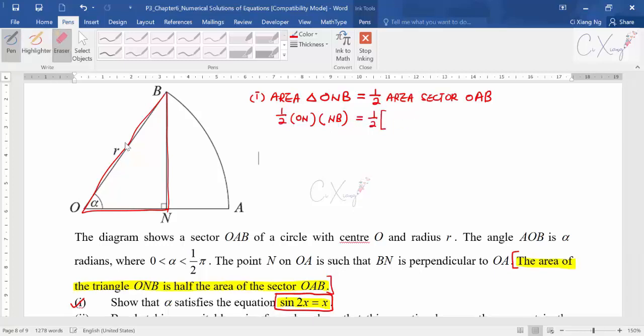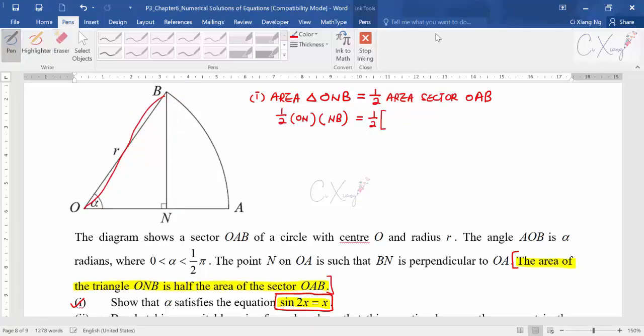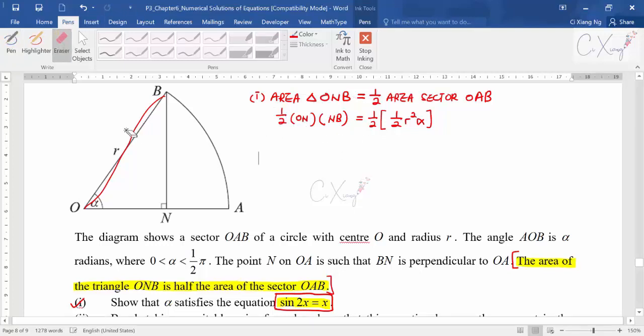The radius is r, so the area of the sector is half r squared theta, or r squared alpha in this case. Now the problem is I want to know ON and NB. How can I find ON and NB in terms of alpha and r?